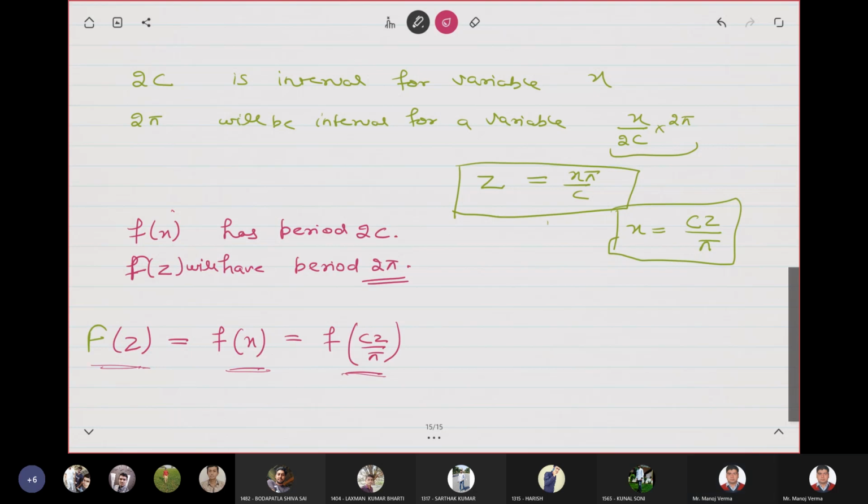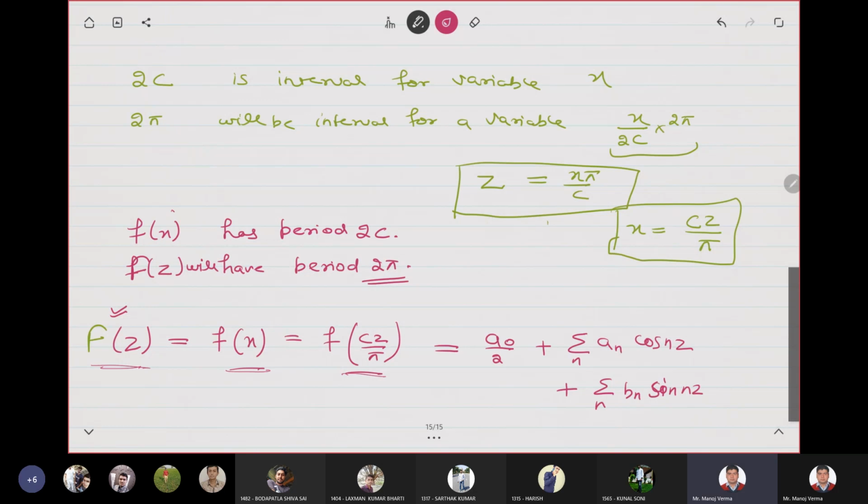So if this is a function F(z), and I represent this in my Fourier series expansion, then this will become a naught by 2 plus summation a n cos nz, this is now z, plus summation b n sin nz.